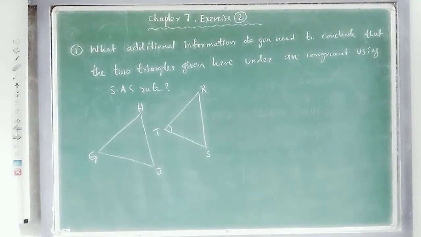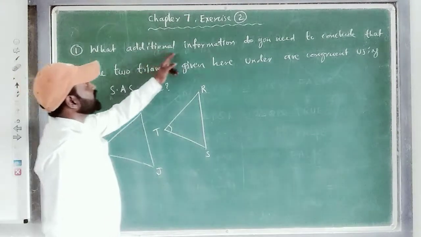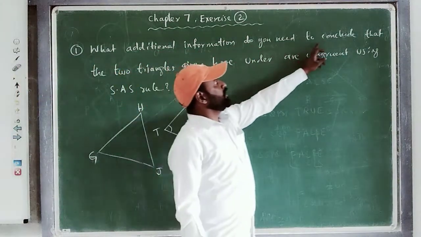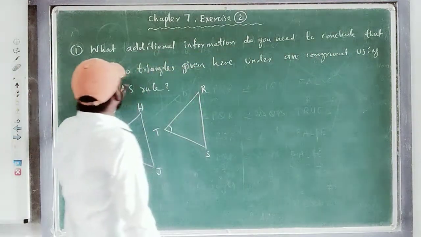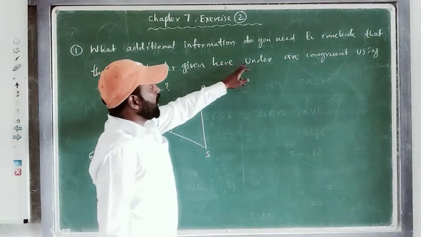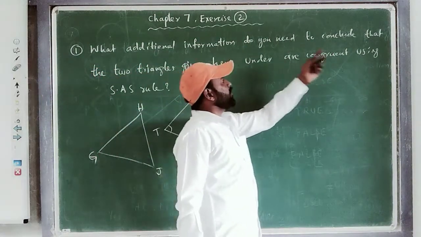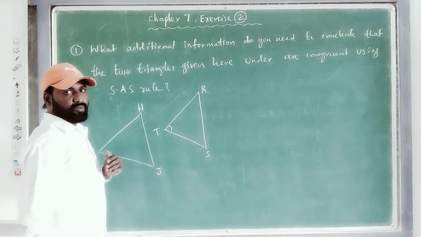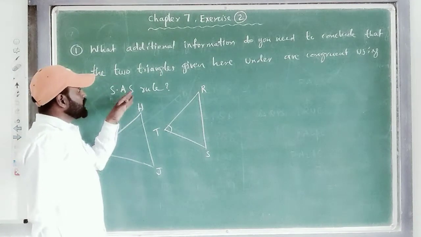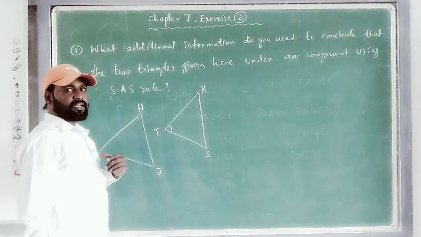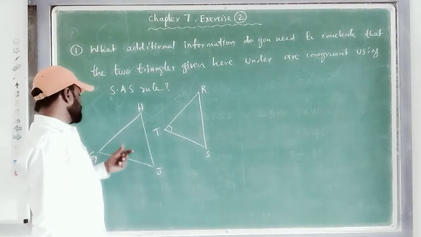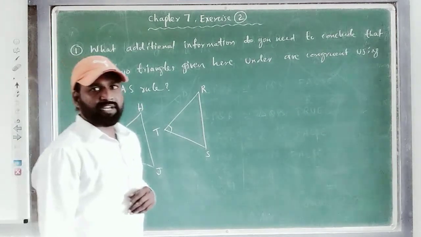See exercise 2, first question. What additional information do you need to conclude that the two triangles given here under are congruent using SAS rule? So we have to use the SAS rule to say these two triangles are congruent. One information is given. What is the other information you need?